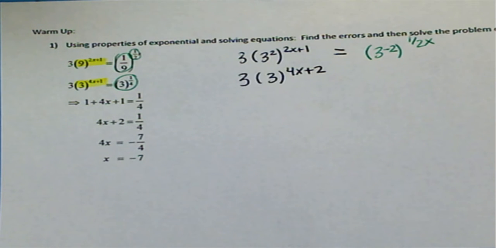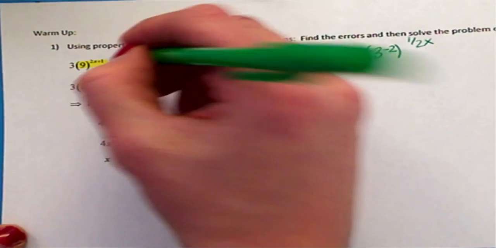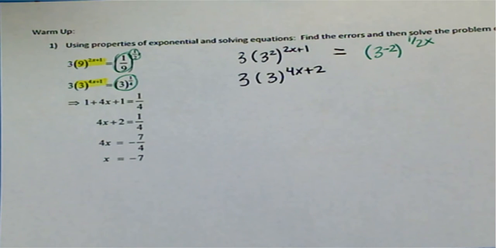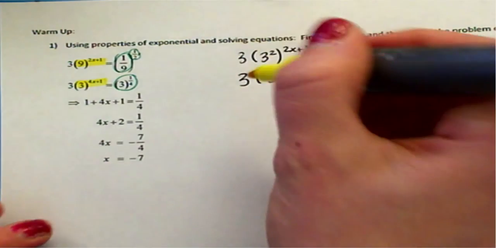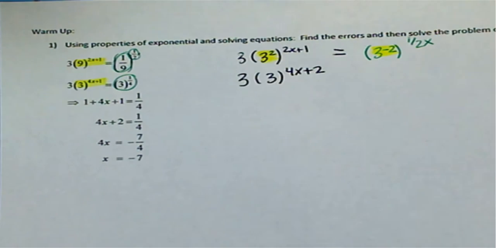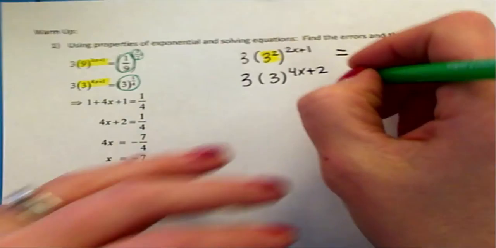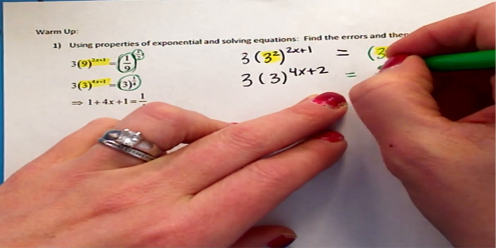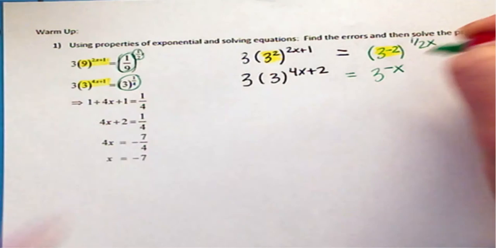I saw 1/9 as 3 to the negative 2. Notice that the only thing I'm changing right now is the quantity inside the parentheses. I'm just rewriting the base using powers, just like Unit 5. And then to fix the next line, I'm going to multiply, and I'm going to get negative x.